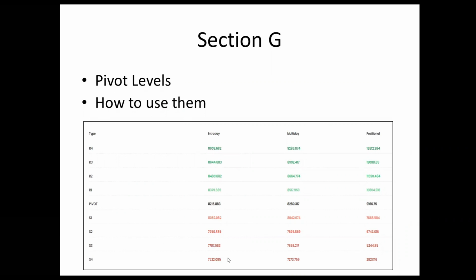What we have here are 2 levels, 8215 and 8280. So this is one kind of nesting which says that on an intraday basis and on a multi-day basis, unless the prices are able to get above 8200 or 8280, the market cannot turn bullish. So that is something immediately we know about where the market is going to turn bullish.